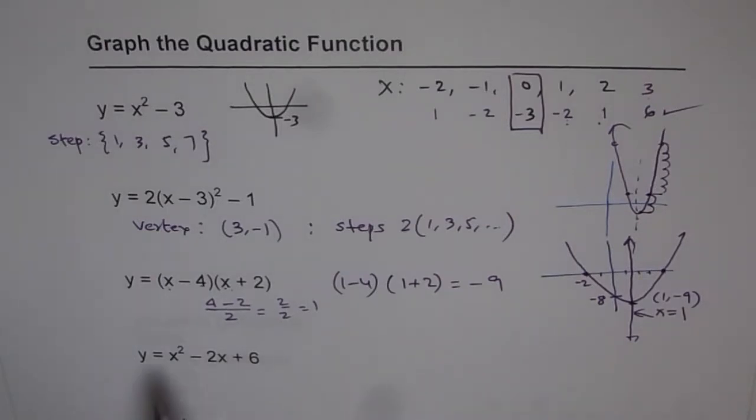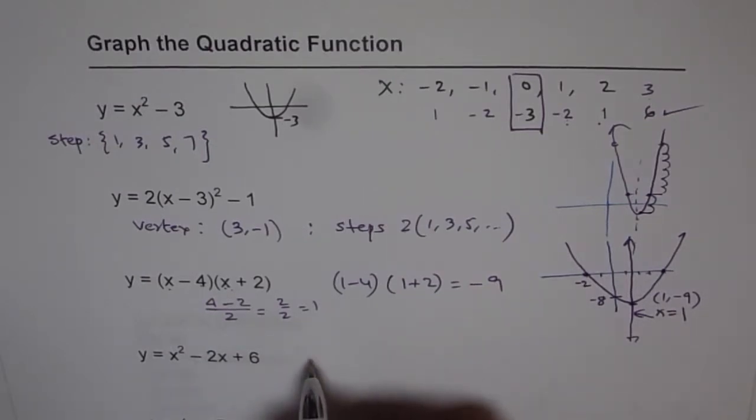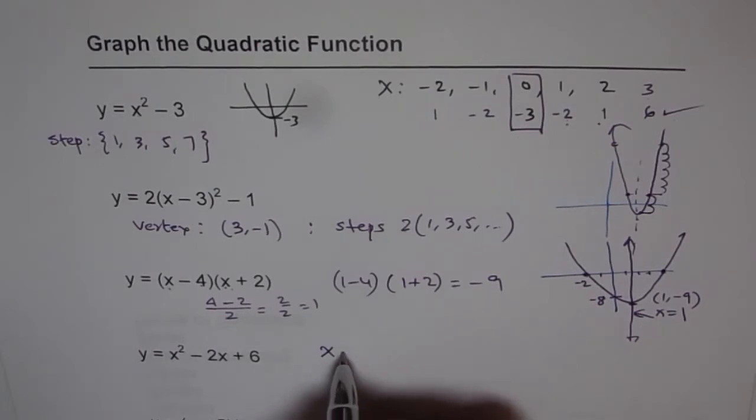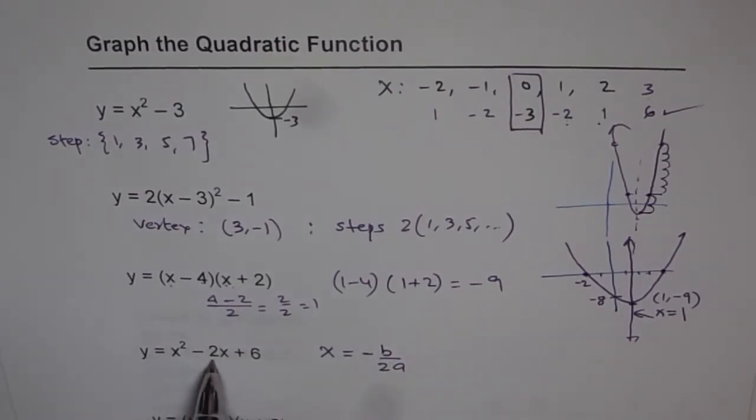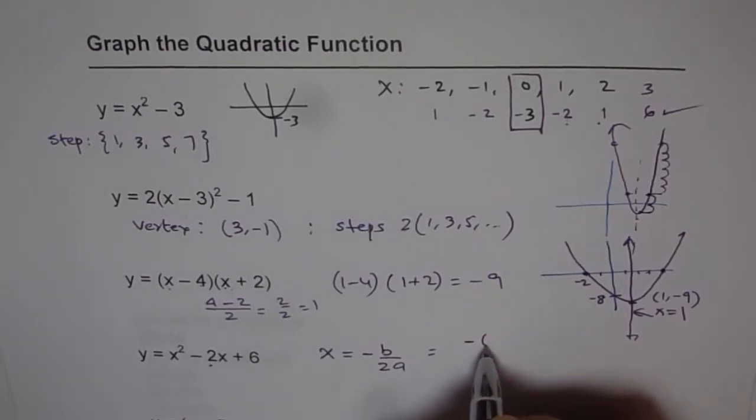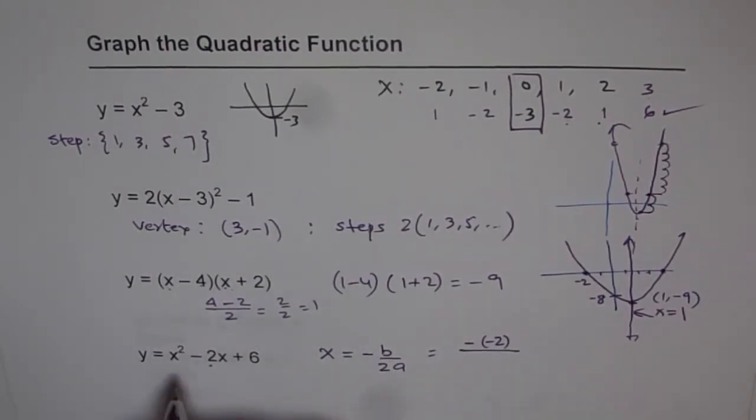Now the last one, which is given in standard form. In standard form, you can find the vertex. How? The vertex is at the x value, which is minus b by 2a. Minus b by 2a gives you the vertex. In this case, the b value is minus 2, right? So you write this as minus of minus 2 divided by 2a.